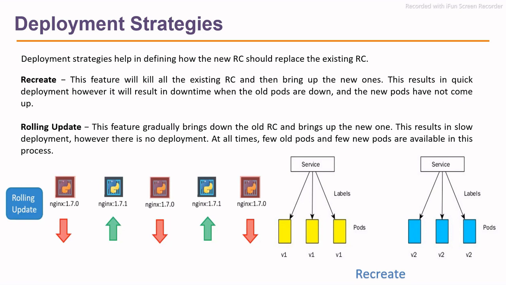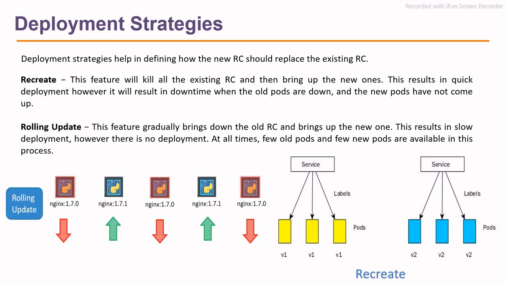Meaning, first destroy all 5 running instances and then deploy 5 new instances of the new application version. The problem with this, as you can imagine, is that there will be downtime at that particular moment, right? This strategy is known as the recreate strategy, and thankfully, this is not the default deployment strategy.